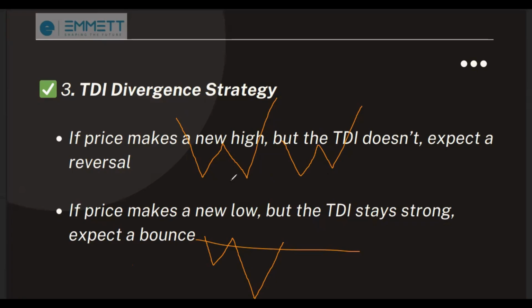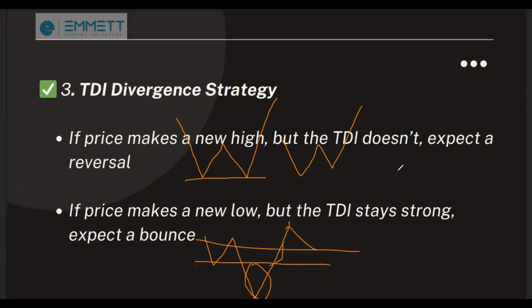Even though on the chart this leg is short or equal to the first leg, at the TDI it is actually extended. What this generally means is that this is a stop hunt, a liquidity grab, and so you are now looking for a reversal to the upside.